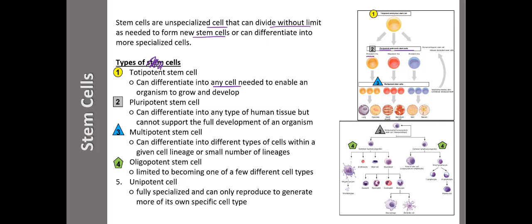So you can see here pluripotent stem cells, there's three different types. There's the cells of the endoderm line, cells of the mesoderm line, and cells of the ectoderm line, right?